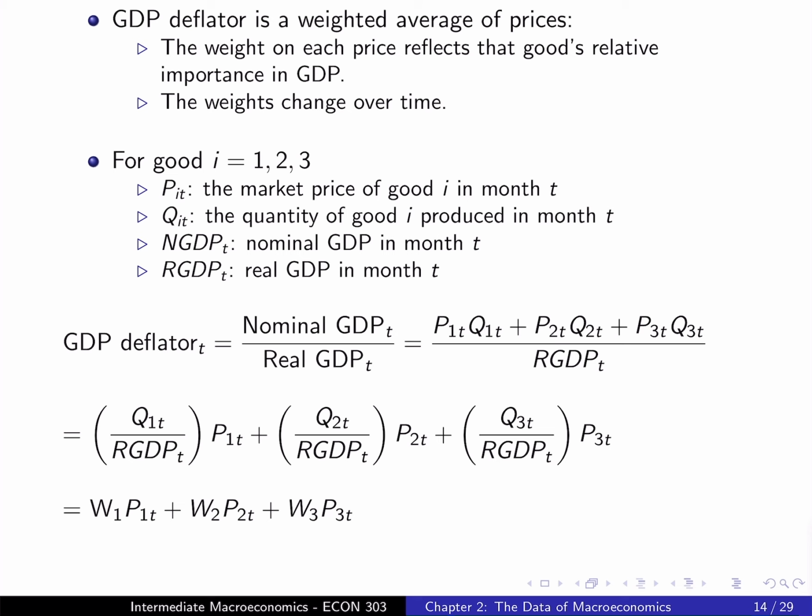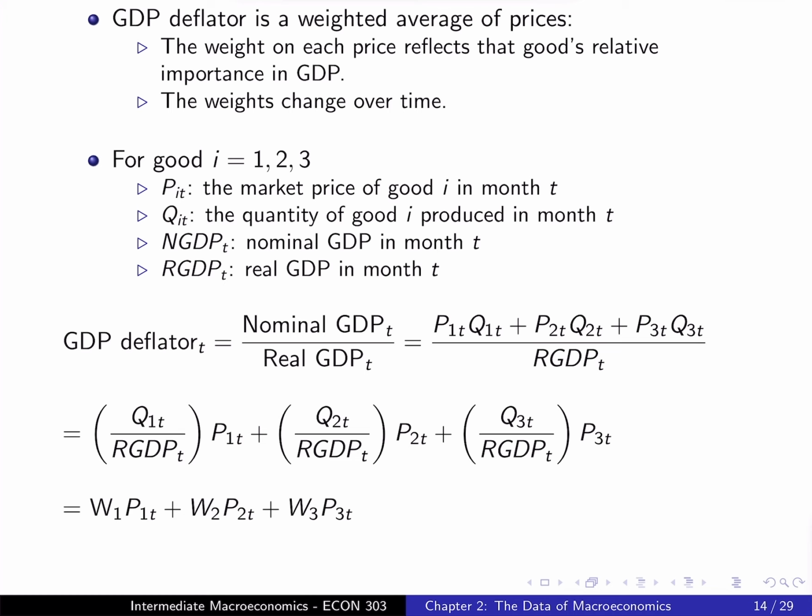Now suppose we have three goods indexed as 1, 2, and 3. P_it is the market price of good i in month t. Q_it is the quantity of good i produced in month t. And nominal GDP_t is nominal GDP in month t, or real GDP_t is real GDP in month t using base year prices.